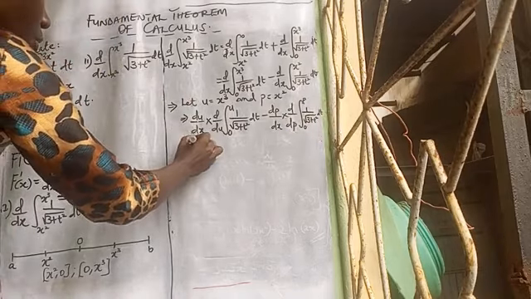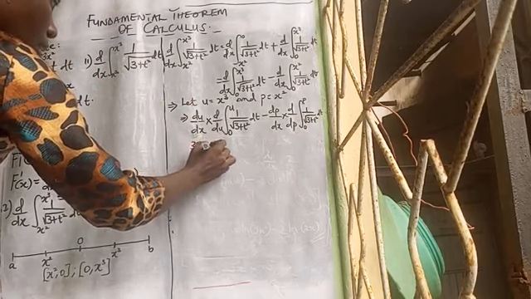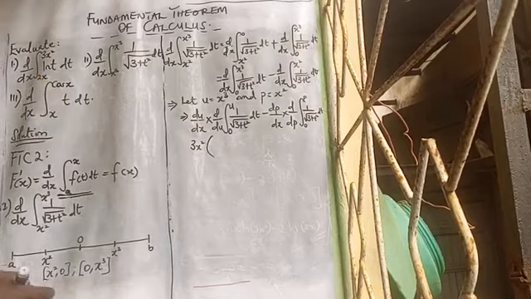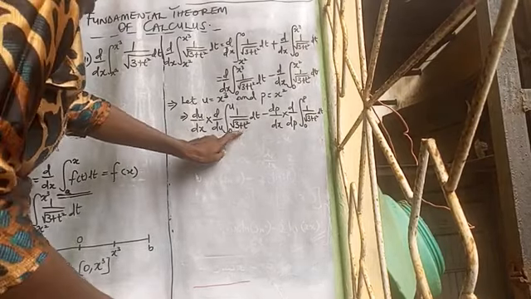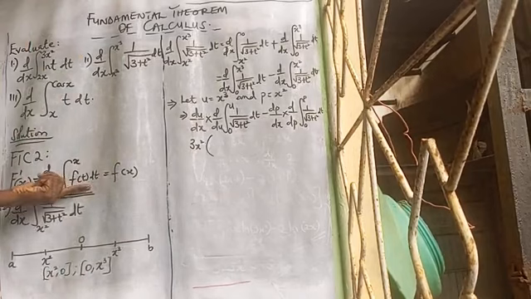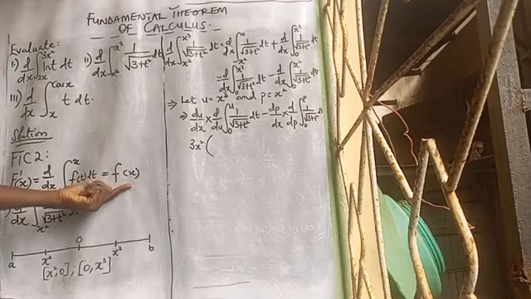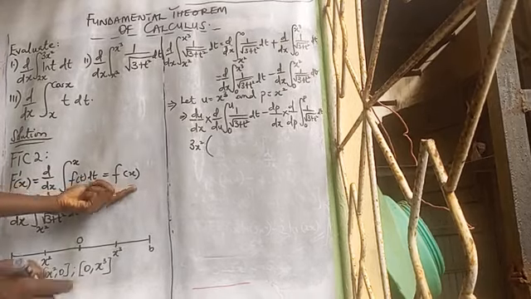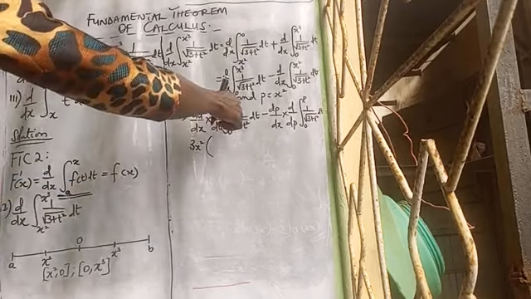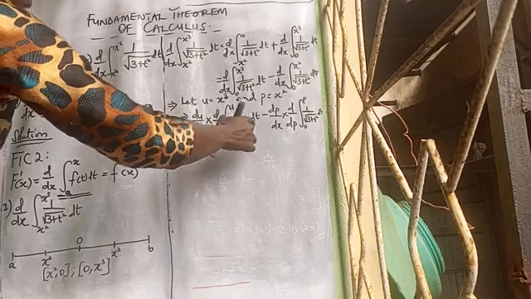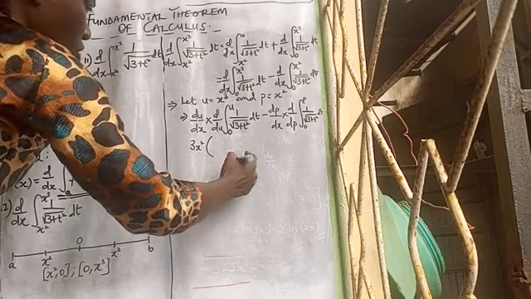du/dx gives me what? 3x squared, times, by the time we take this, according to the FTC2, it says our answer is what? f of x. And what's our f of t? Our f of t is 1 over square root of 3 plus t squared.